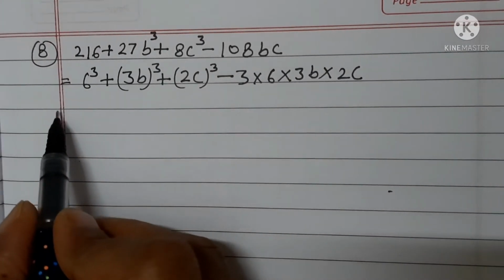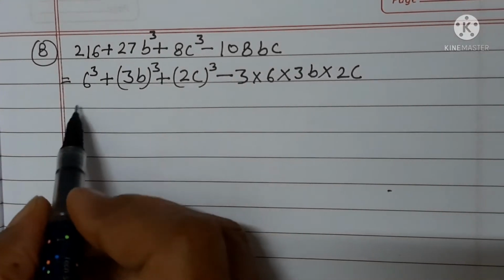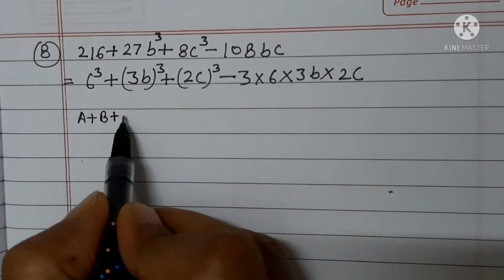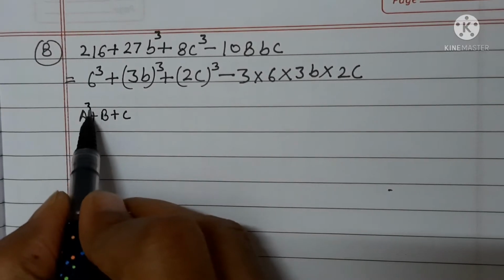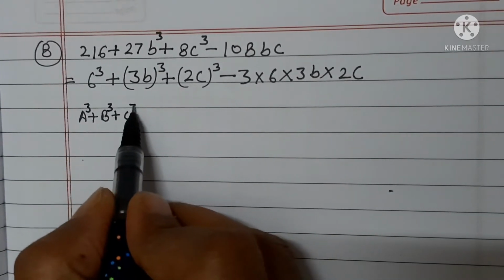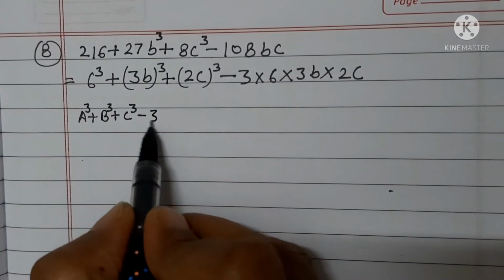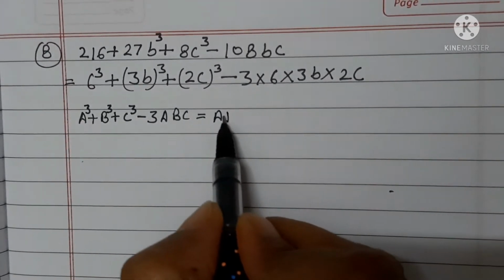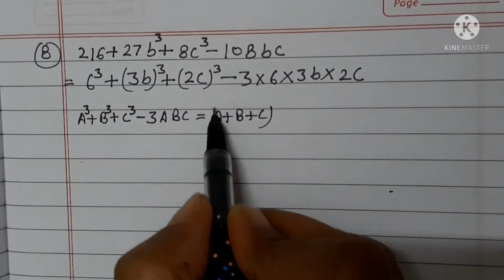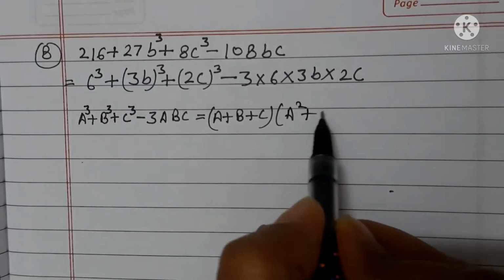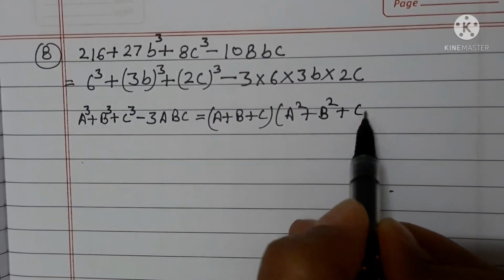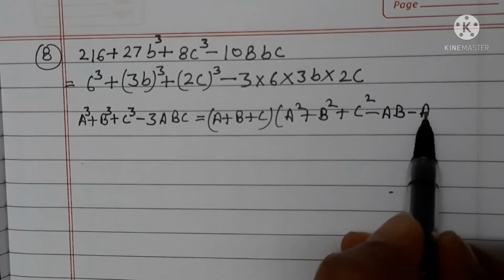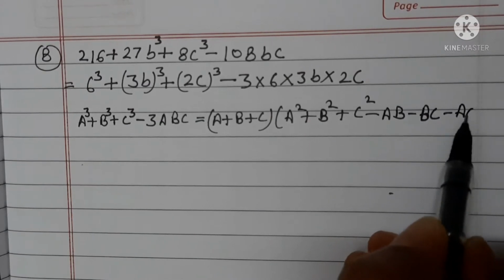It means you can break it in the form of a plus b plus c, a cube plus b cube plus c cube minus 3abc is equal to a plus b plus c, a square plus b square plus c square minus ab minus bc minus ac.